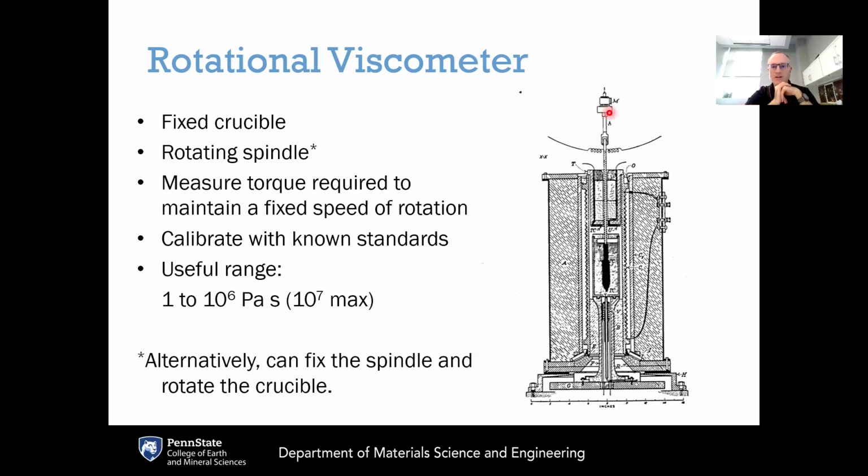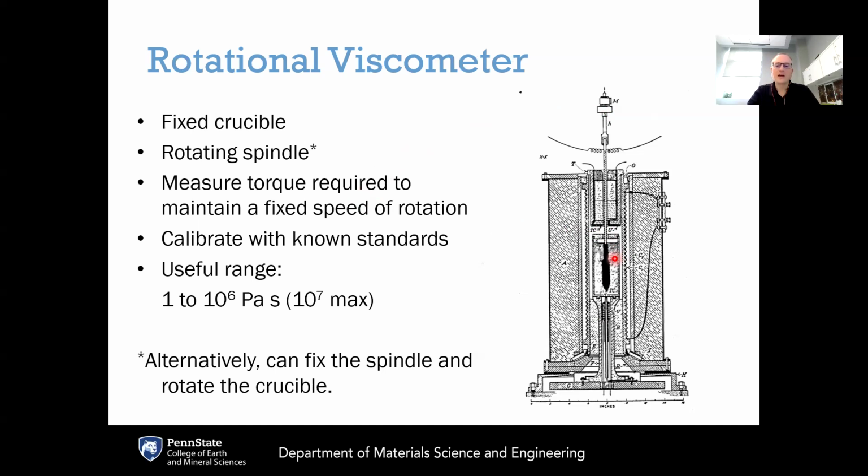But in either case, the amount of torque that it takes to get some speed of rotation relates to the viscosity of the melt at that particular temperature. So if you've got a higher viscosity melt, then it takes more torque in order to achieve the same level of rotation. If it's a more fluid system with a lower viscosity, then less torque is required in that case.